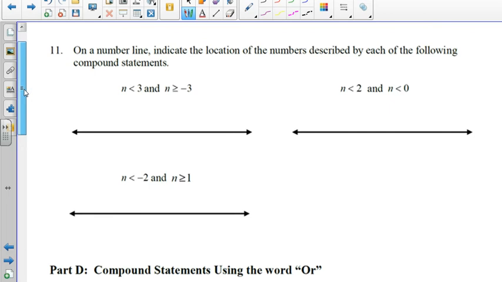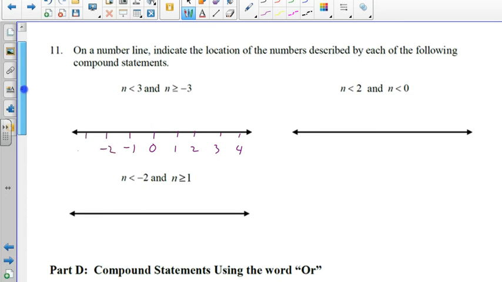On a number line, indicate the location of the numbers described by each of the following columns. So do this on your own, figure it out. Check with your neighbors. Okay, so I'm going to put down an appropriate scale.